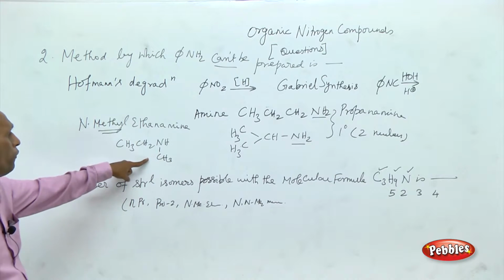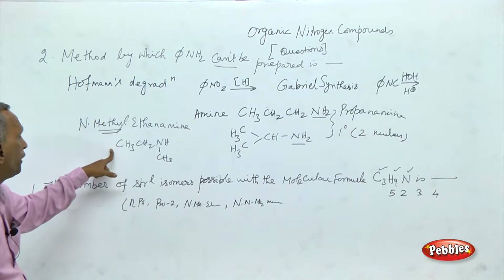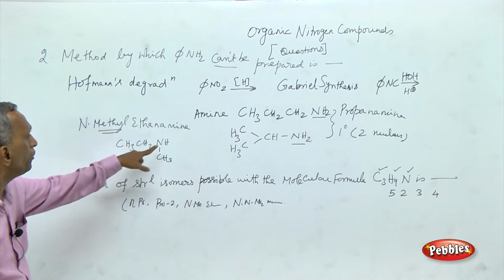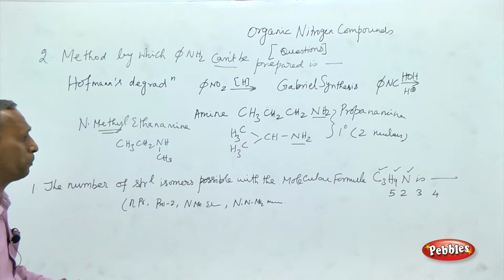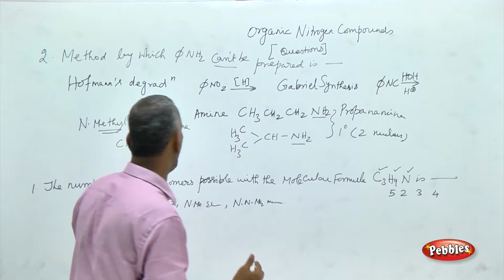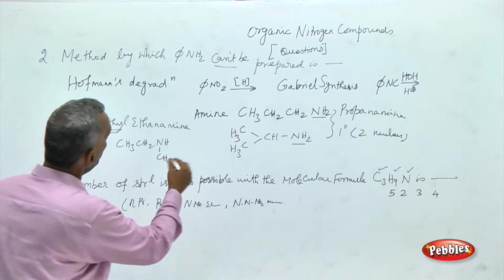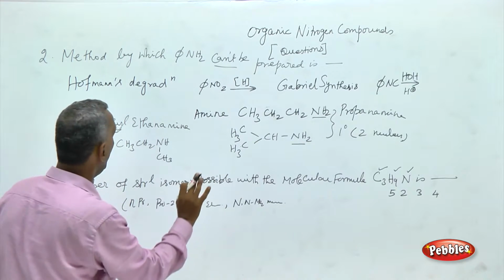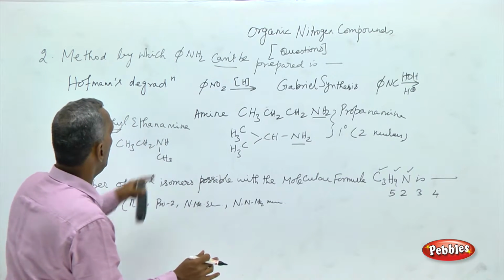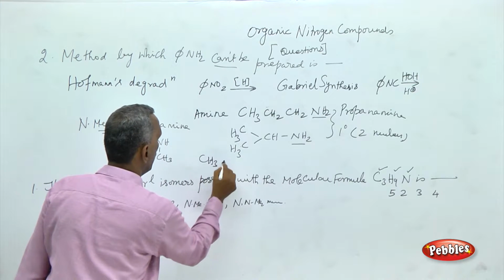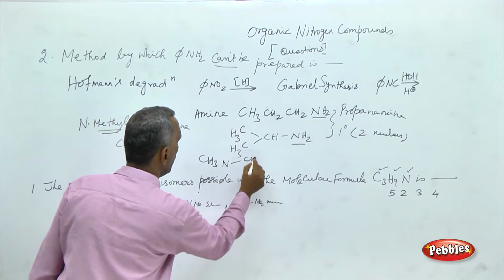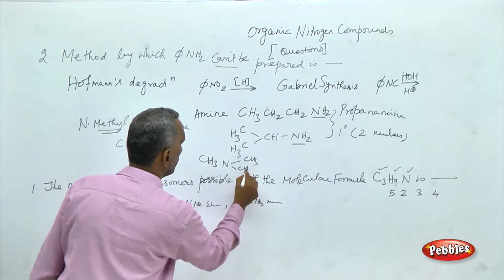Let us check this formula also. 1, 2, 3, C3; H 3, 5, 6, 9. C3H9N is possible. The last isomer is where both the methyl groups are present on nitrogen, that is CH3, N, CH3, CH3.